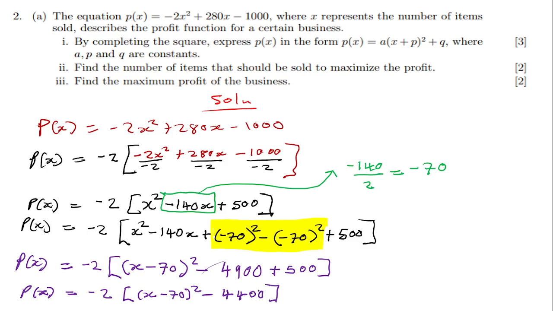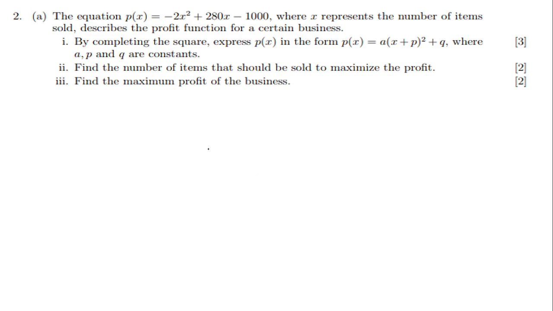Once you do that, your next step is to multiply that -2 by everything which is inside. Remember we have P(x) is equal to -2 open bracket x minus 70 squared and then minus 4400.